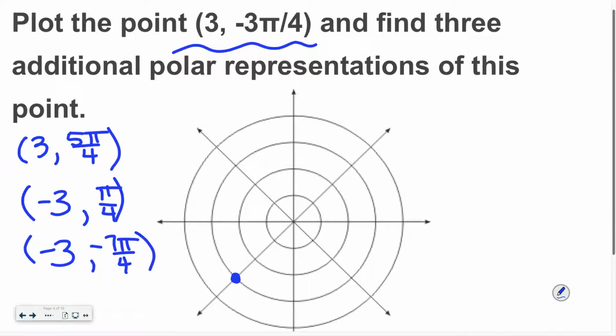Do you have a question about how we got to anything up here? We rotated to an angle and then we walked forward for a positive r, or we rotated to an angle and we walked backwards for a negative r.